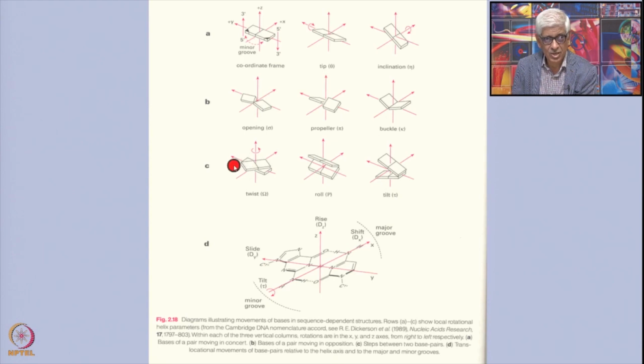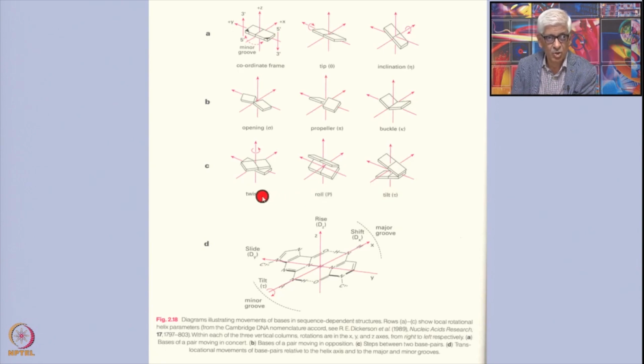So they are not exactly sitting on top of each other, but slightly displaced with respect to each other, their planes. Now if they are angled like this, then this angle is called the twist, this angle is called the roll, and this angle is called the tilt. So you differentiate these different parameters by different names.